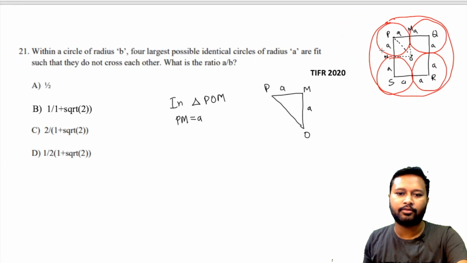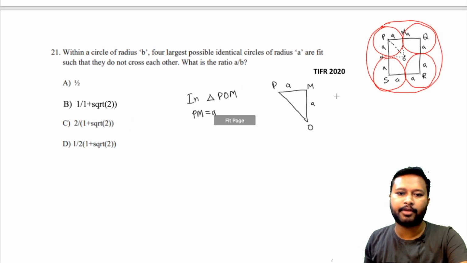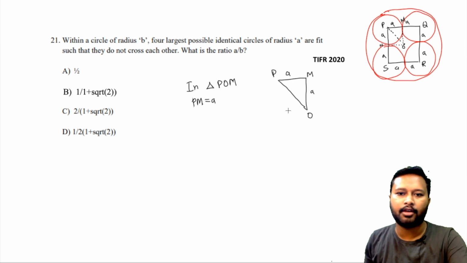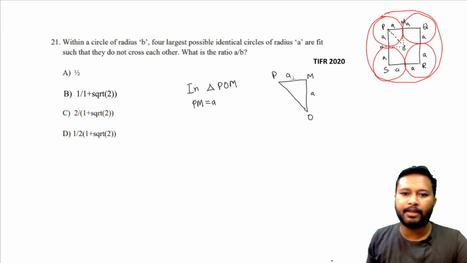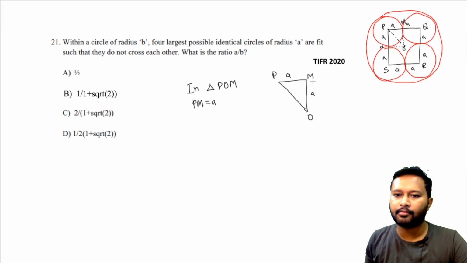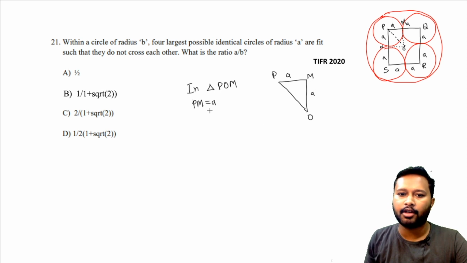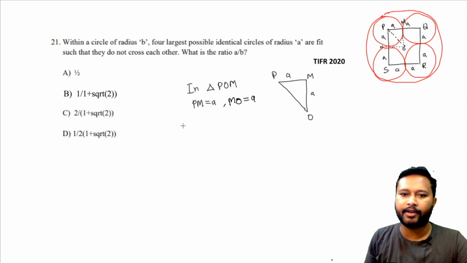Let's zoom this out. So now I have this concept that I have this side also as A, and MO is also equal to A units. Simply I can find out PO.